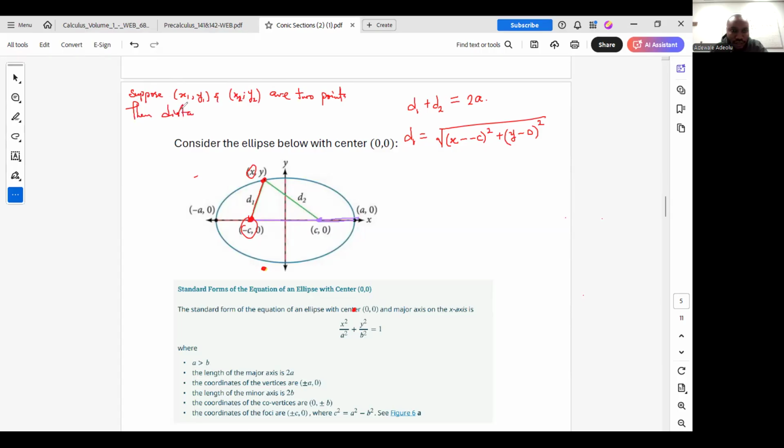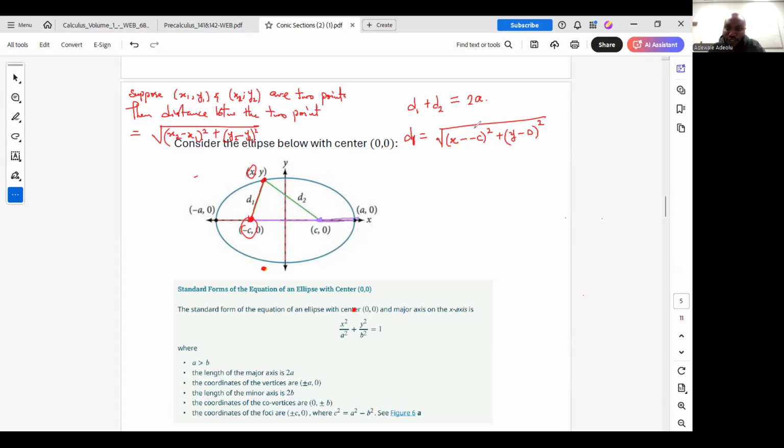Then the distance between the two points is given as the square root of x2 minus x1 all squared plus y2 minus y1 all squared. So that is what I'm trying to do here.